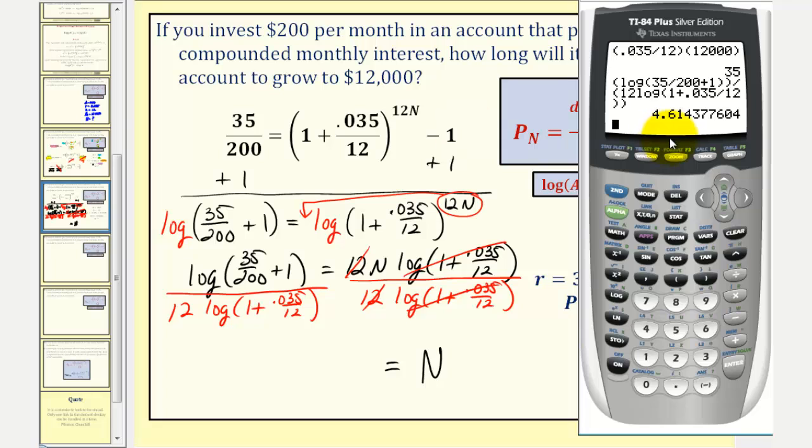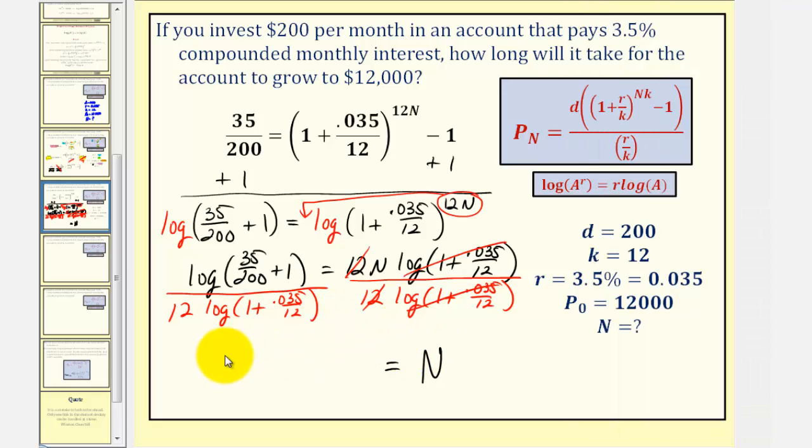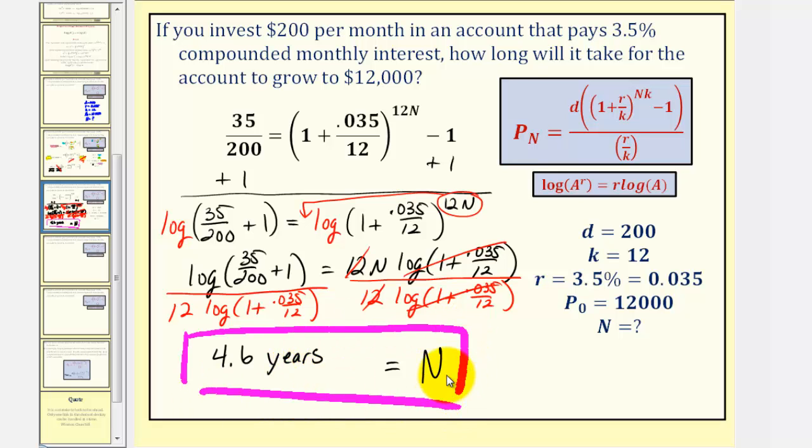So if we round to the nearest tenth, we can say this would take approximately 4.6 years. So again, this means that if you invest $200 per month in an account that pays 3.5% compounded monthly interest, in approximately 4.6 years, the balance would be approximately $12,000.